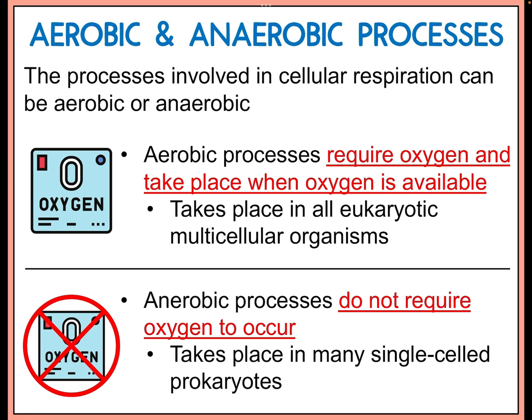This takes place in all eukaryotic multicellular organisms. Aerobic involves oxygen. Anaerobic does not require oxygen. So anaerobic takes place in the absence of oxygen, and this takes place in many of our single-celled prokaryotes.